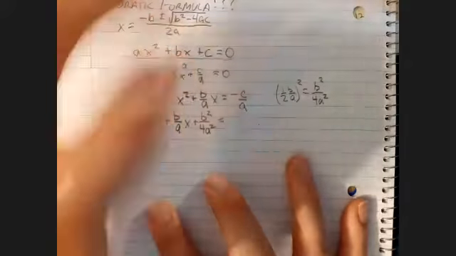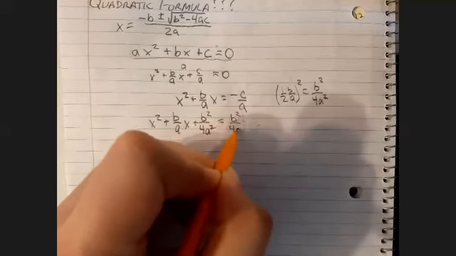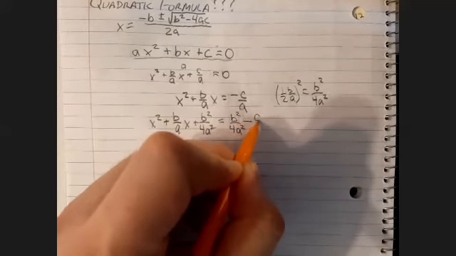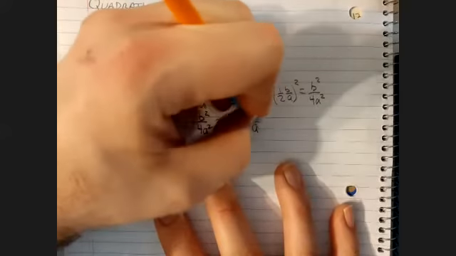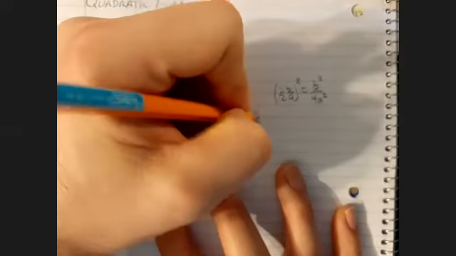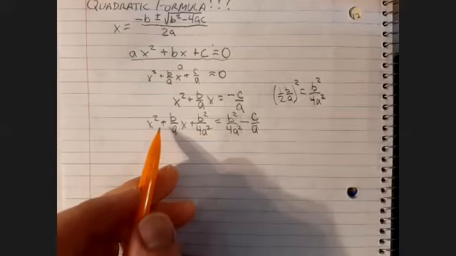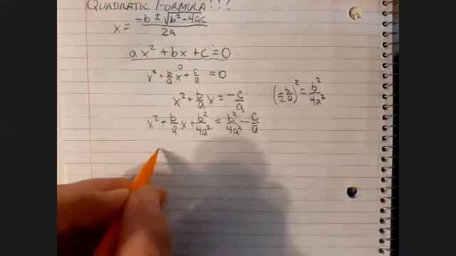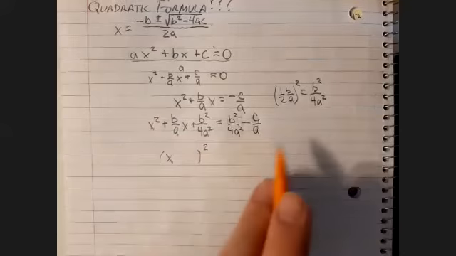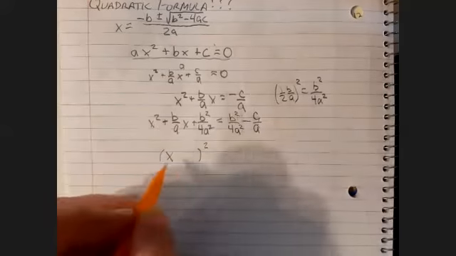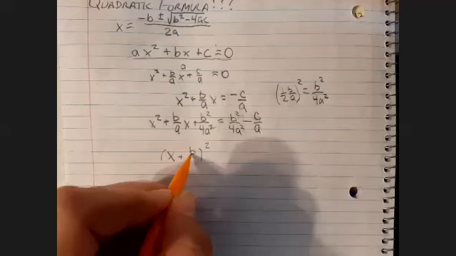We're going to add the b squared over 4a squared minus c over a. Okay, that looks like a 5. Now this left side, we just forced it to be a perfect square trinomial, and those always factor into x plus or minus whatever you squared up here. Well, we squared plus b over 2a, so it factors to x plus b over 2a, squared.